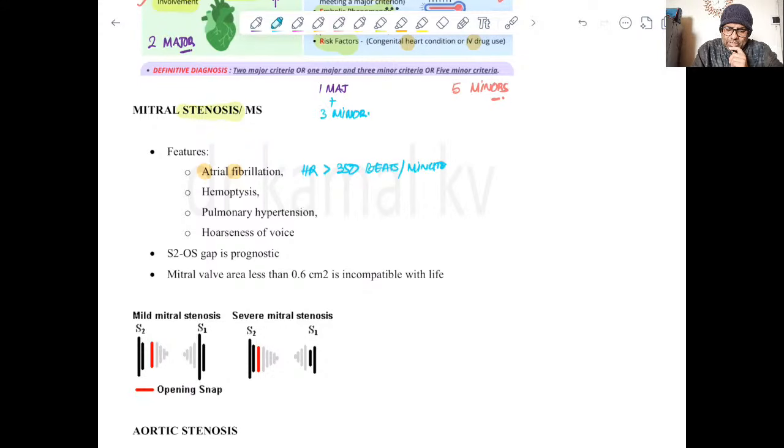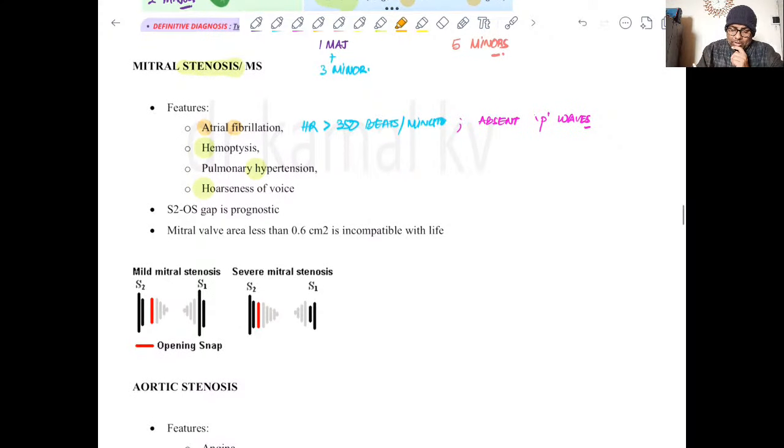And what you will see on ECG will show absent P waves. Clear? So this is atrial fibrillation. Then there can be coughing out of blood, that is hemoptysis. Then because of backflow of blood there will be pulmonary hypertension, hoarseness of voice because of involvement of recurrent laryngeal nerve. Then what is more important from medicine point of view is the murmur, right?